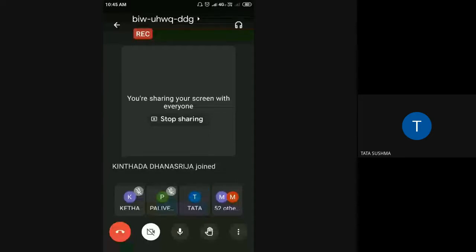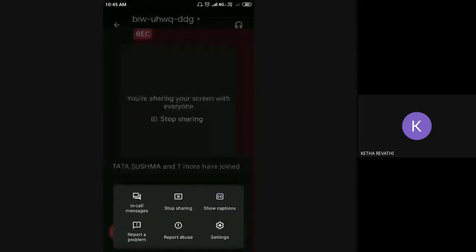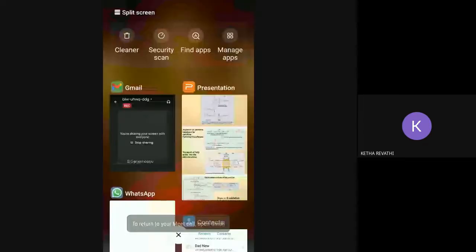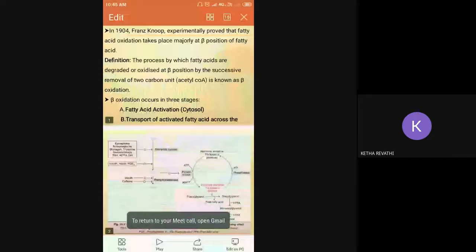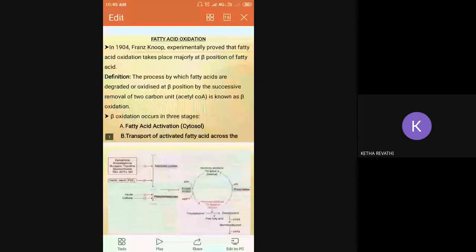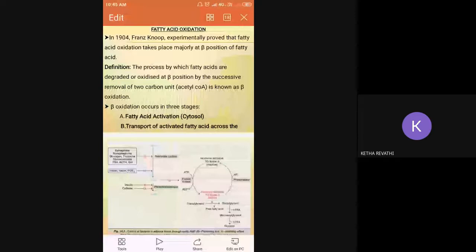Okay, once again I want to repeat yesterday's class within 5 minutes. Yesterday we discussed fatty acid oxidation. Fatty acid oxidation is also called beta oxidation of fatty acid.